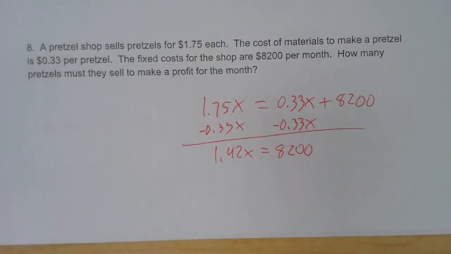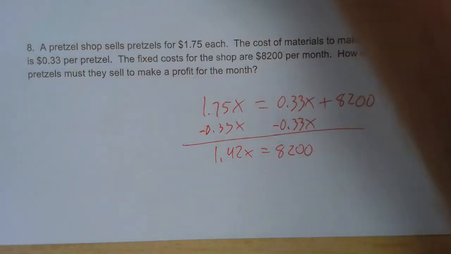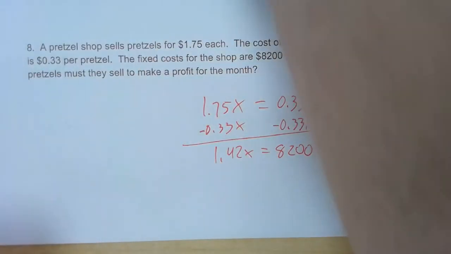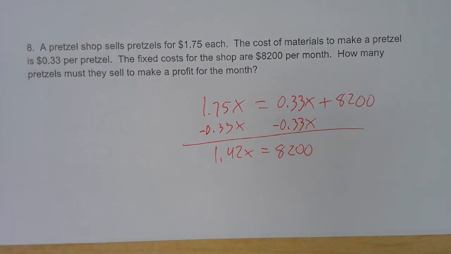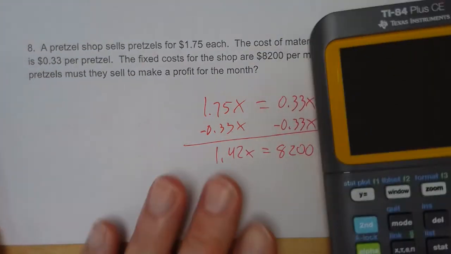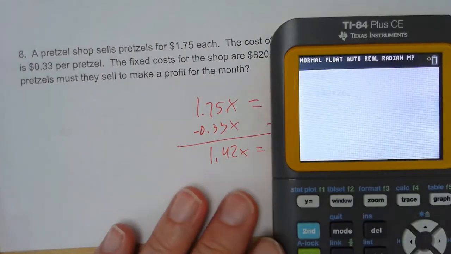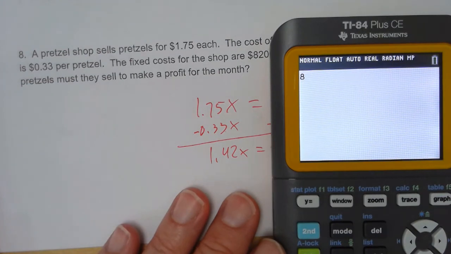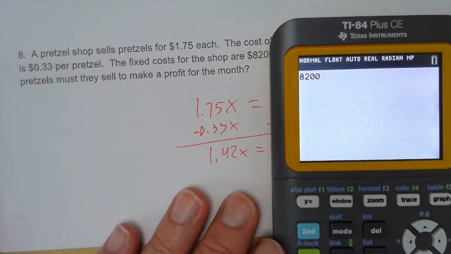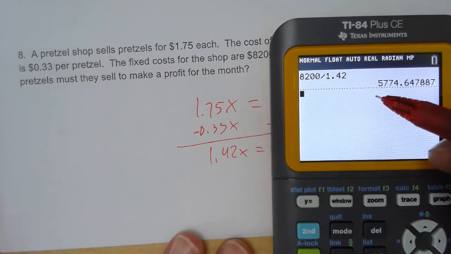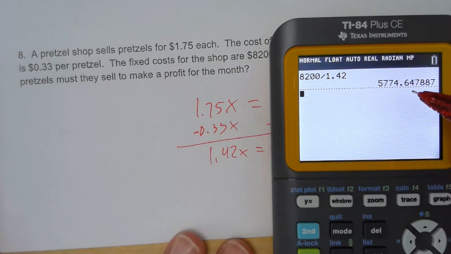So then we're going to divide this, and I'm going to divide it on the calculator here just to make sure that it did come out even, because I rounded it. So we got 8,200, and then we're going to divide it by 1.42. So it's 5,774.